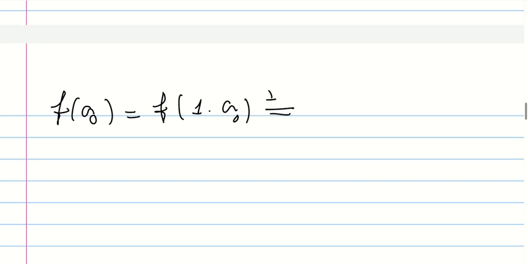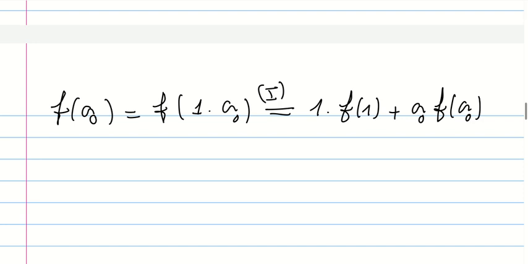We have f of a 0 equals f of 1 multiplied by a 0, which equals, using equation 1, 1 times f of 1 plus a 0 multiplied by f of a 0.